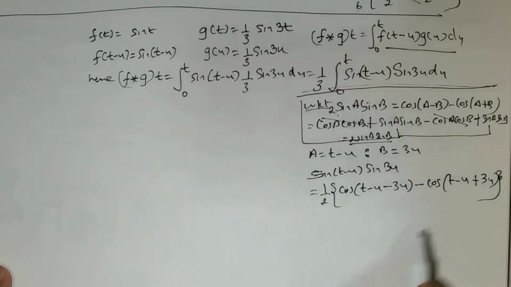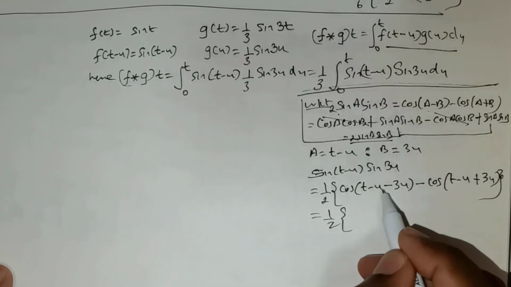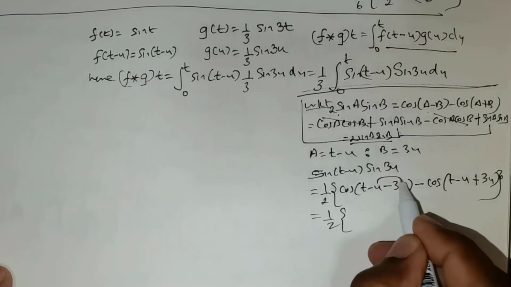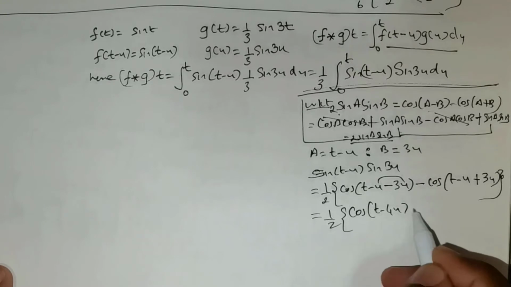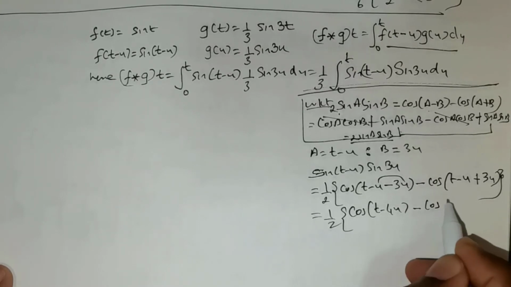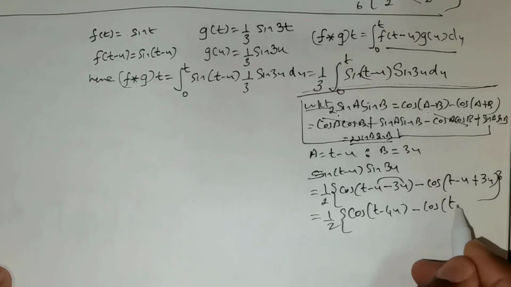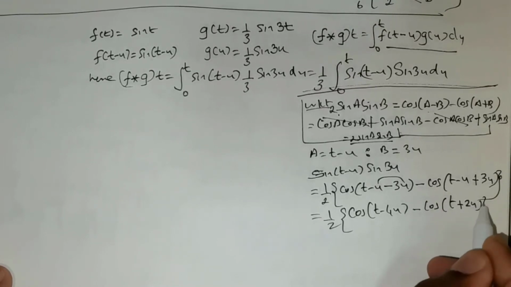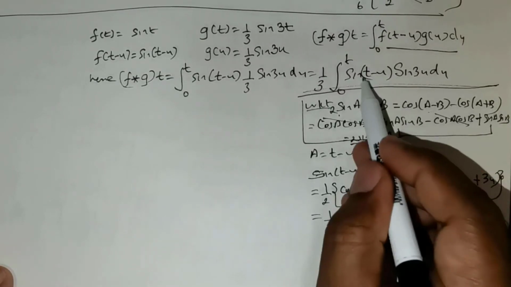So this is what I have got. Now this is equal to 1 over 2 times cos of t minus 4 times u, followed by negative cos of t minus u plus 3u, so that's going to be t plus 2u. So this is my outcome for this component.